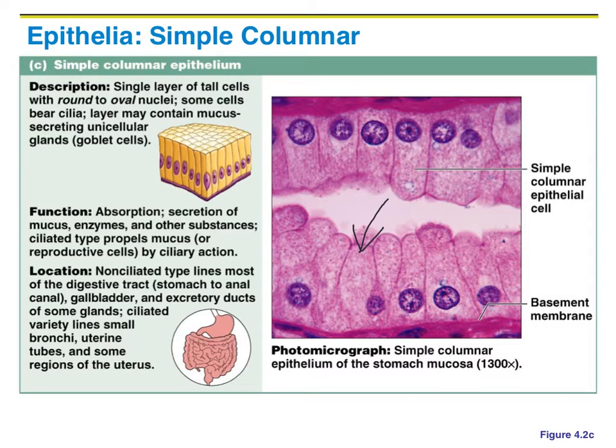Functions of the simple columnar epithelia include absorption, secretion of mucus, which is indicative of those areas where goblet cells are found. Locations include, for example, non-ciliated types in the digestive tract, and the ciliated type in small bronchi, uterine tubes, and other regions of the uterus.